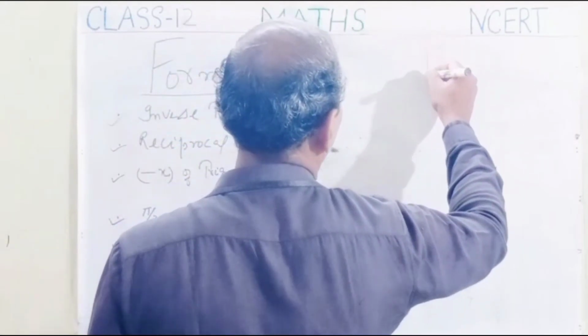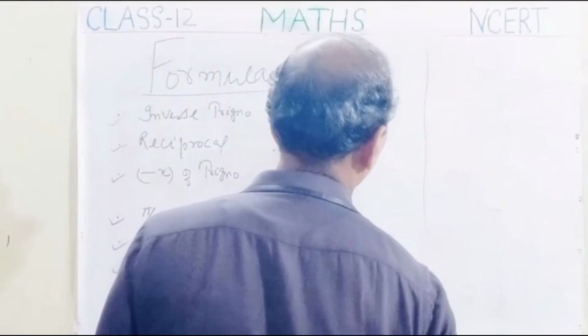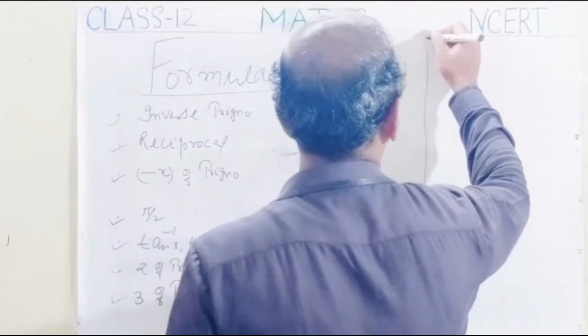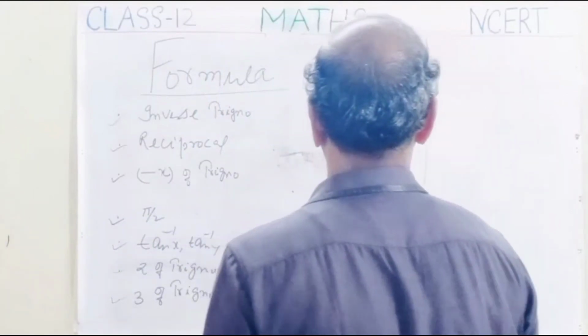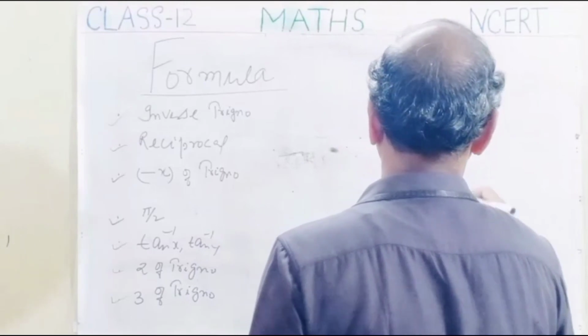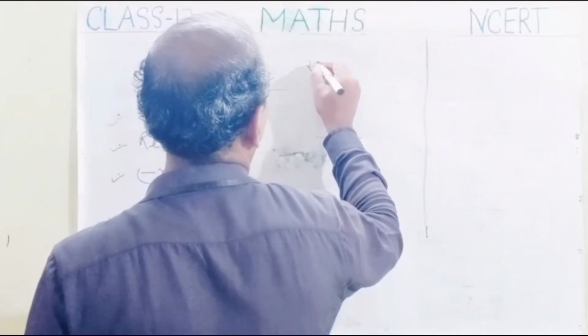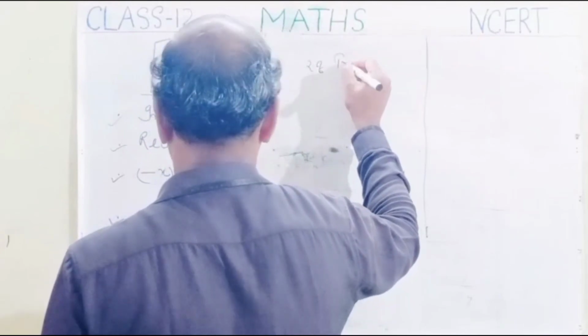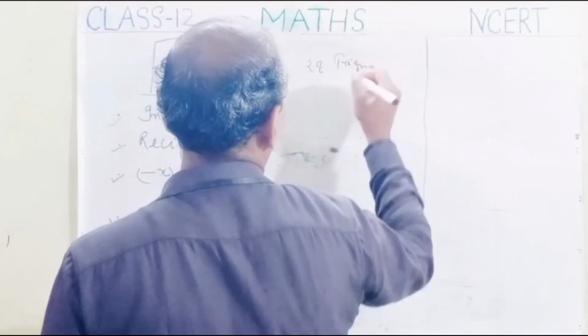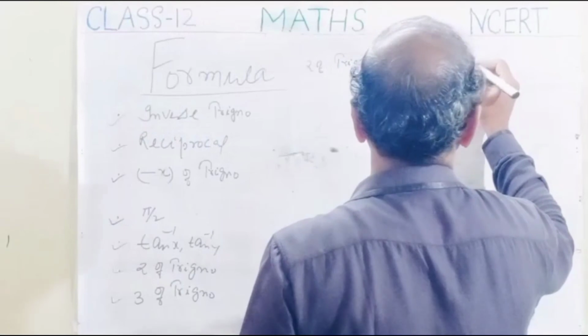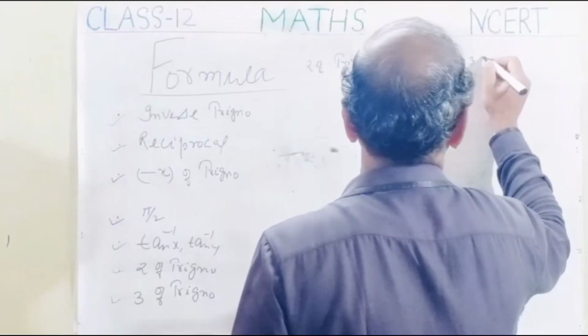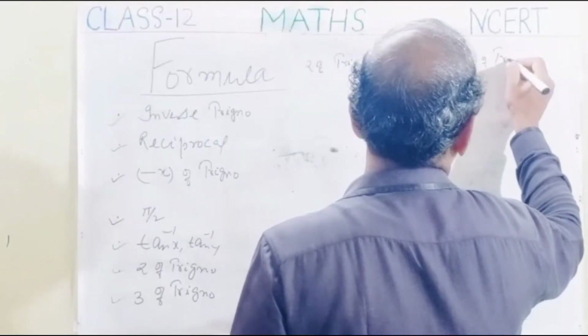I am just writing the formulas and will discuss them at a time. I have here 2 of trigono, and here I have 3 of trigono.